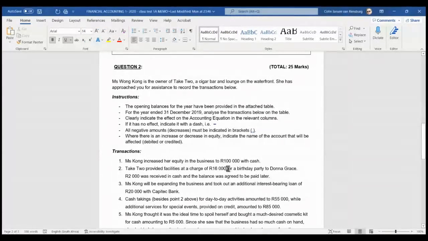Let me just go to that sheet again. So our first transaction, ladies and gentlemen, is Mrs. Kong increased her equity in the business to 100,000 rands with cash.